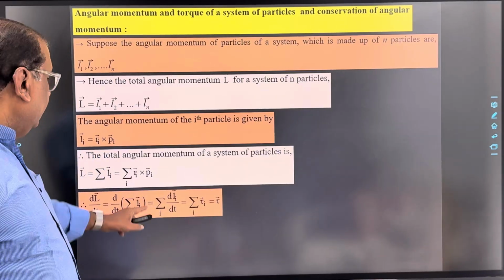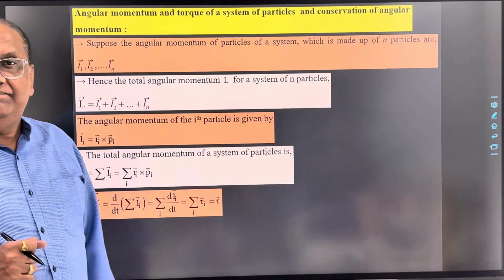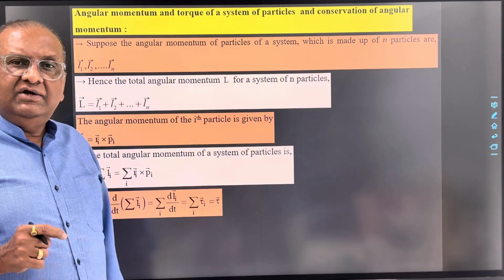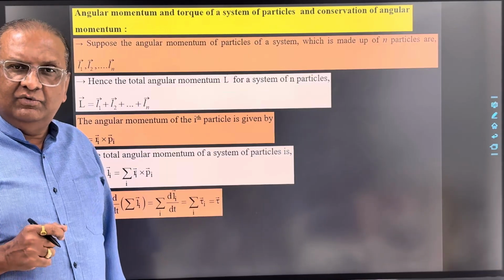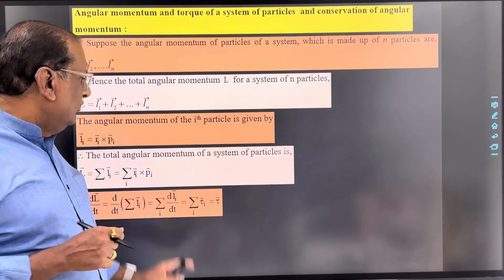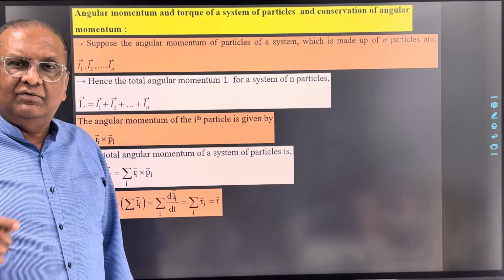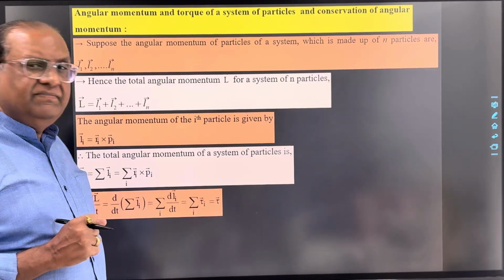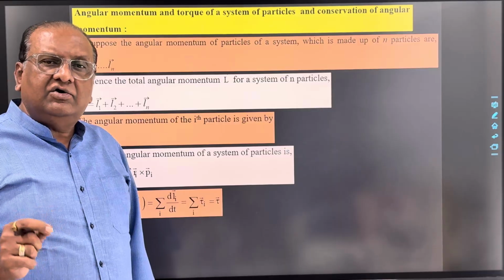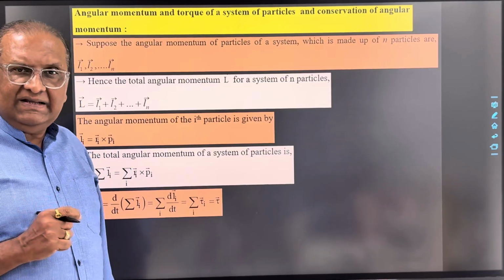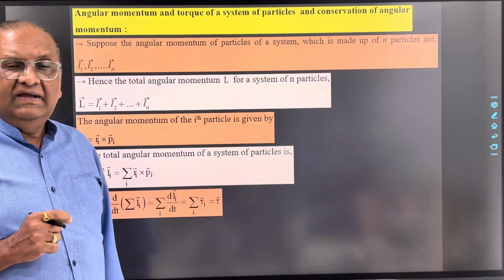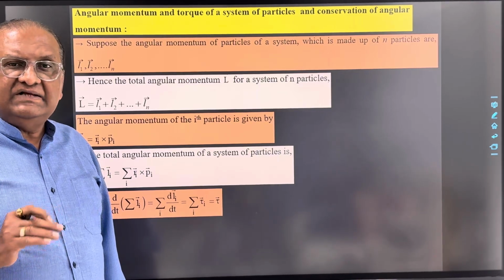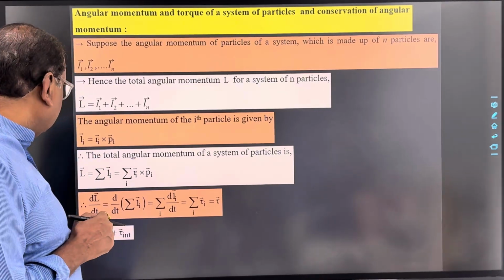So at present we can't say this is in analogy with Newton's second law of motion for rotational motion, because this resultant or net torque acting on a system of particles is the summation of internal torque as well as external torque.